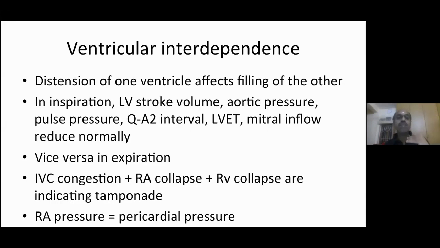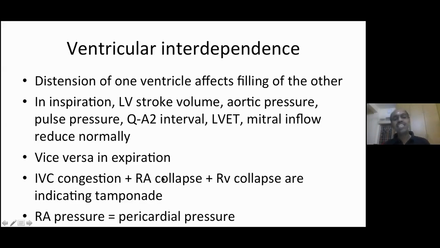The normal 3 to 6 centimeters of water variation in intrathoracic pressure between inspiration and expiration transmits as 3 to 4 millimeters of mercury onto the intracardiac chambers, and this change on the left side is not perceivable for clinical examination and Doppler. In cardiac tamponade, it is markedly exaggerated, so you get all these aggravated.